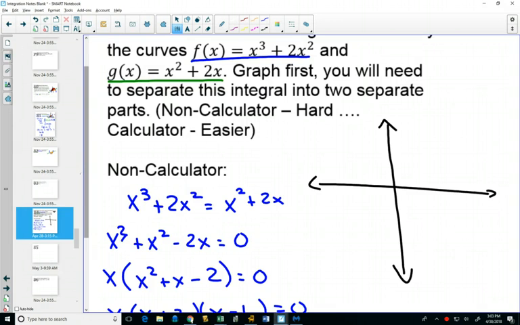So starting off with f of x equals x cubed plus 2x squared, can you see that you could factor out an x squared out of that and get x squared times x plus 2? So that would tell us that we have an x-intercept at 0 and an x-intercept at negative 2. And it bounces at 0. So getting the general shape of my f of x graph.